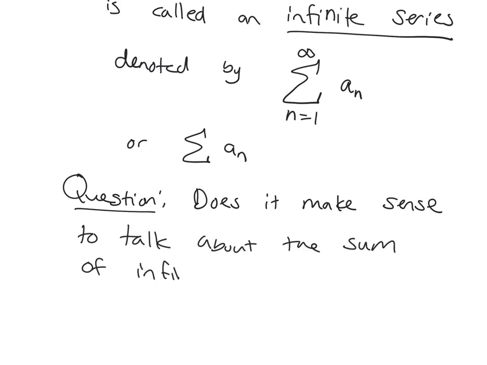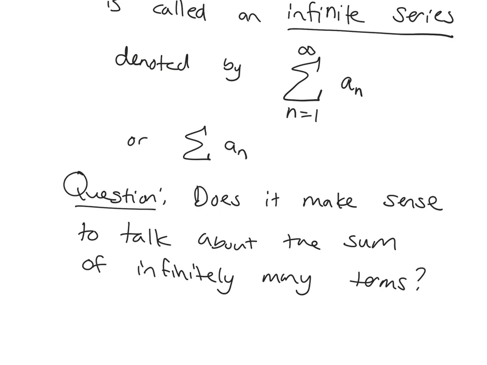It seems like it doesn't, right? But in the case of pi, it was okay, right? I had an infinite number of things added together, and that's just pi. So it seems reasonable for the example we started with, where we were talking about pi.